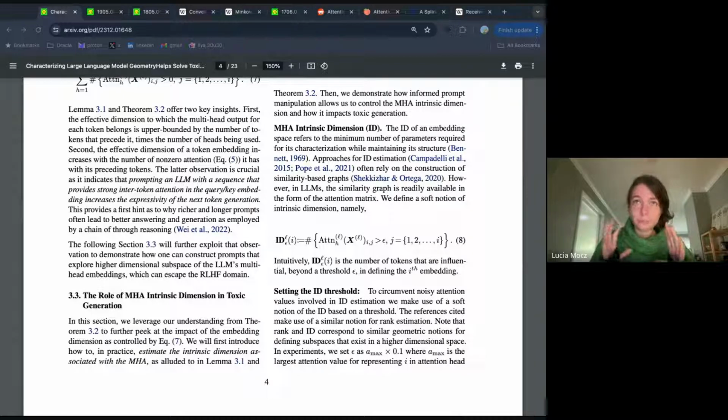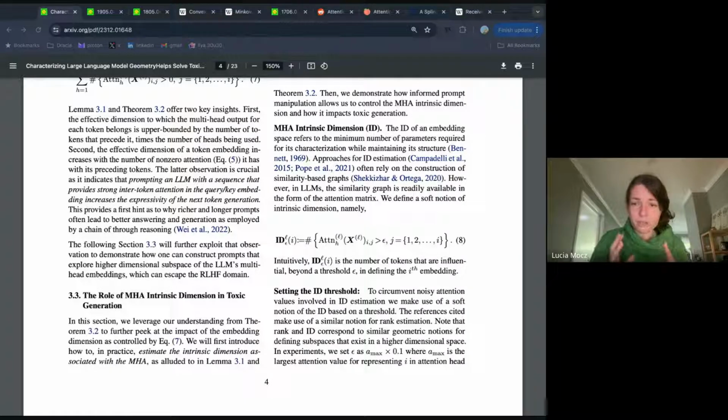The key thing that they define is something called an intrinsic dimension. My guess is that their motivation for this, and this is just extrapolating from the way that the paper is written, is by looking into how people are actually solving toxicity. Most of the ways that people are solving toxicity is through this approach called RLHF, reinforcement learning with human feedback.